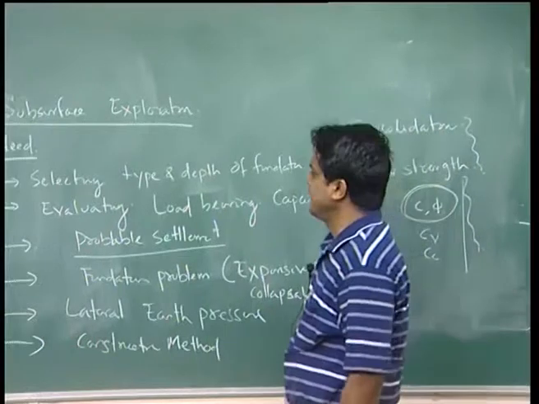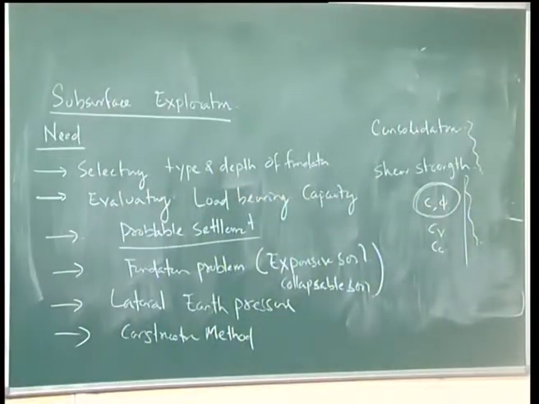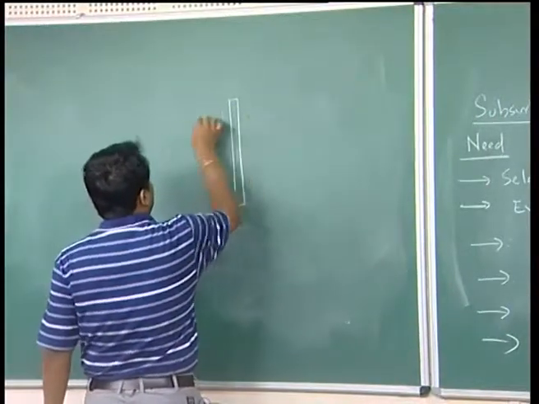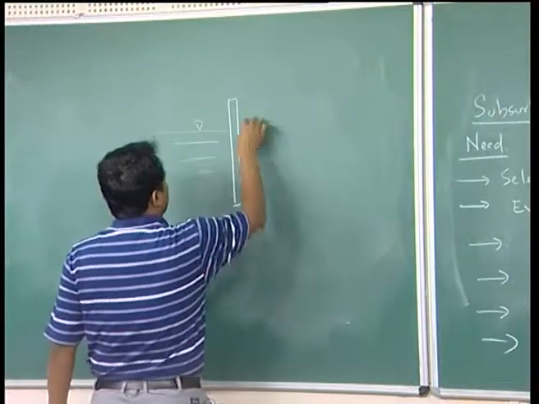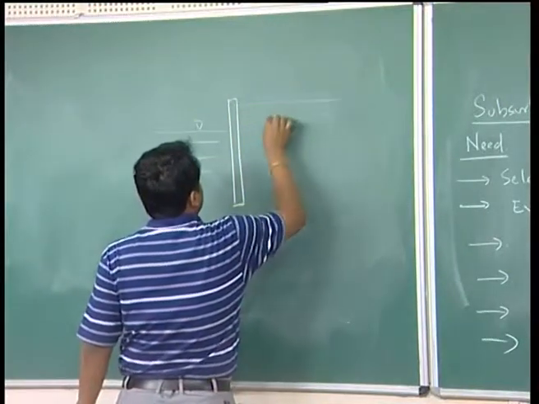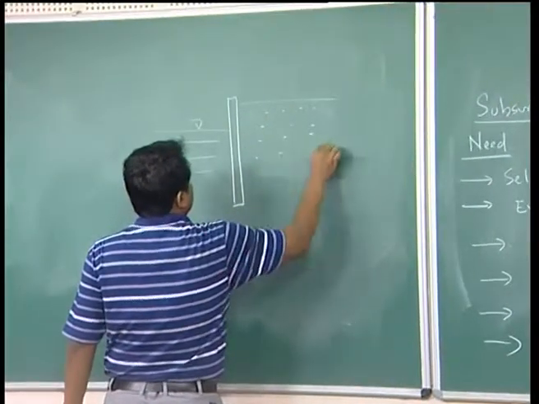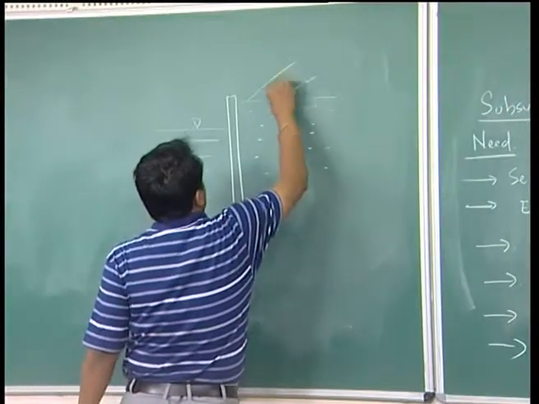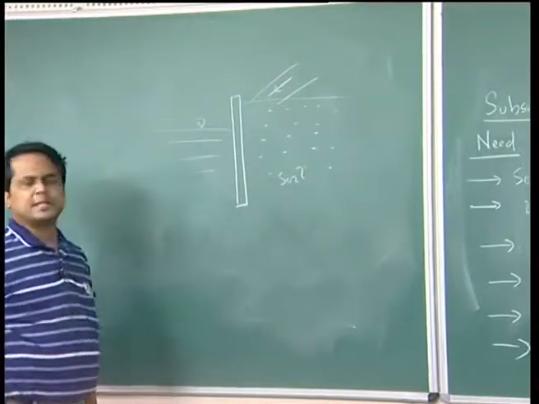Lateral earth pressure is generally useful particularly for retaining structures, where one end is water or the other end is to retain a soil mass, so that above the soil mass you can construct a road or rail. A retaining wall means to retain the soil mass.